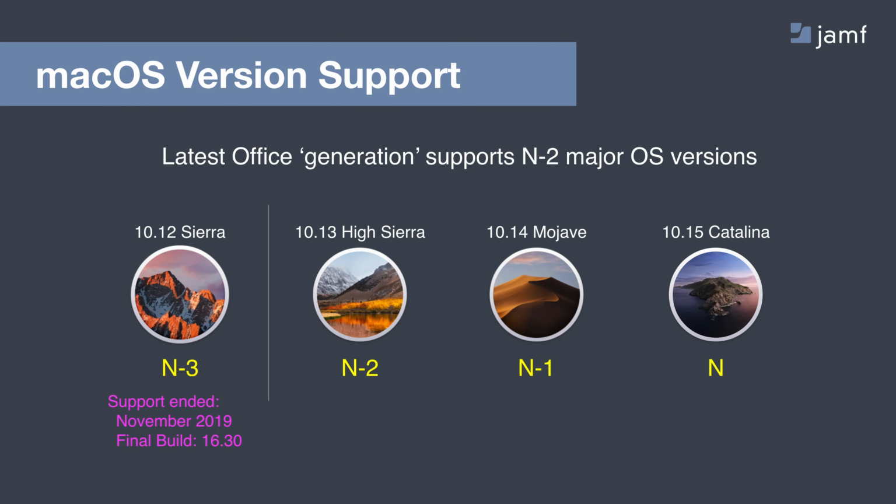This shift happened a few months ago, as we used to support 10.12 Sierra for Office, but once Catalina released, we shifted that window forward and embraced Catalina, and then we had to drop support for 10.12. That dropping of support is a hard stance where you can no longer install that generation of Office on that older operating system.